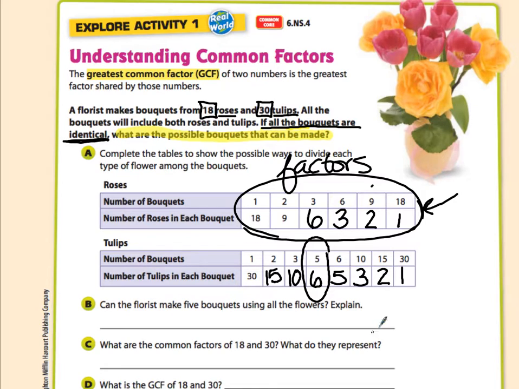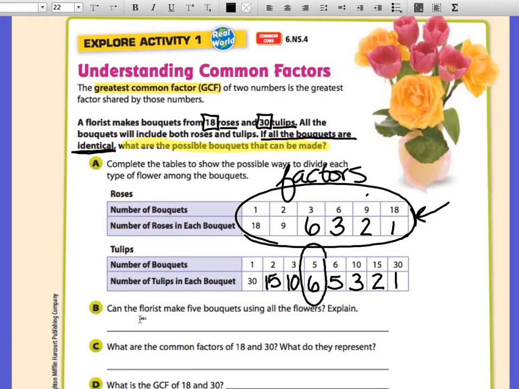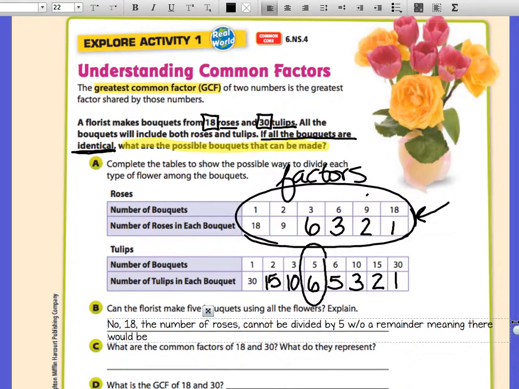So in this case, my answer would be, no, 18, the number of roses, cannot be divided by 5 without a remainder. Meaning there would be flowers left over.